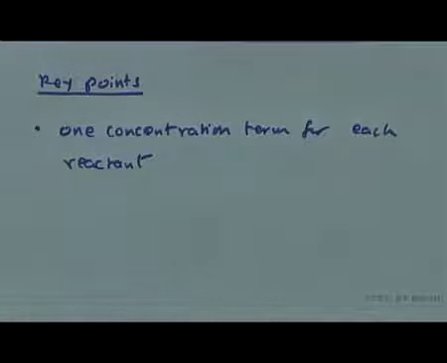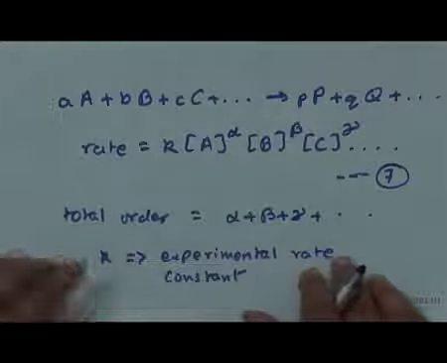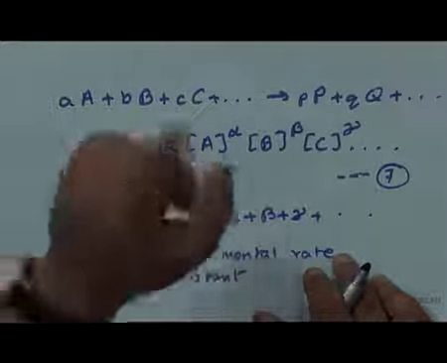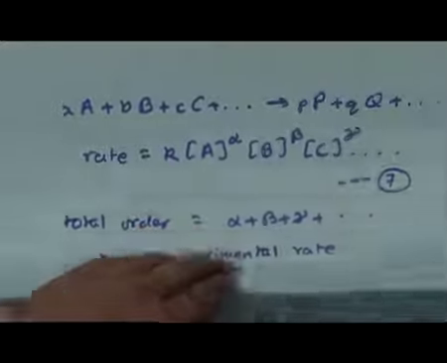For example, where we had the reactants A, B, C, there was one concentration term for A being a reactant, there was one concentration term for B, there was one concentration term for C, and so on.